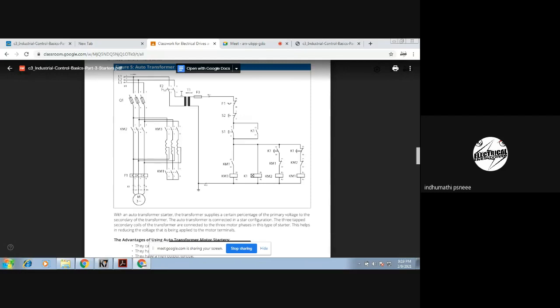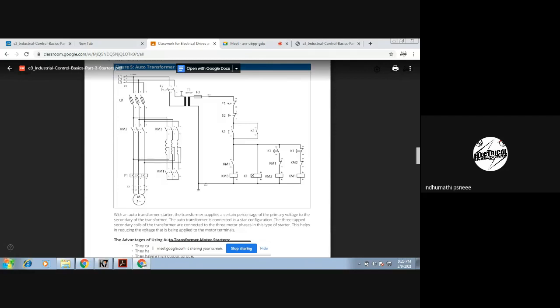This auto transformer starter also has protecting components, like the overload relay and the no load relay. All of you must write about these two components separately, put the headings no load relay and overload relay, and describe those relays. The notes have not mentioned this, but all of you must definitely write these components, because they are very important.